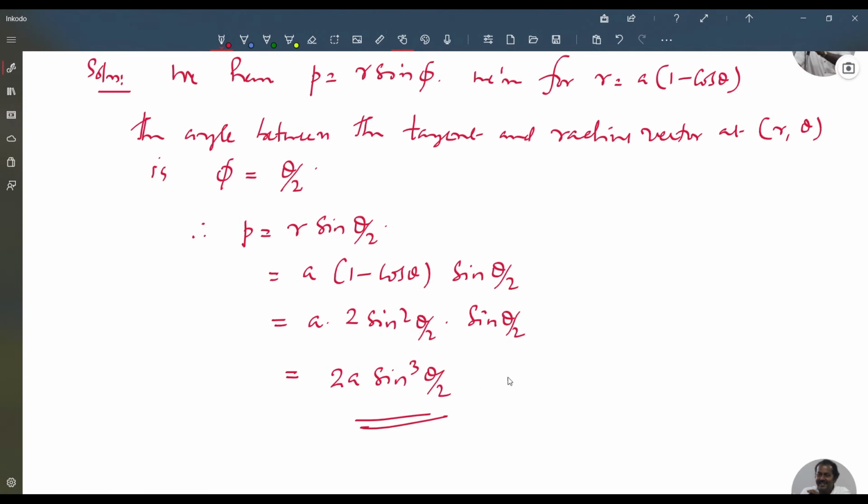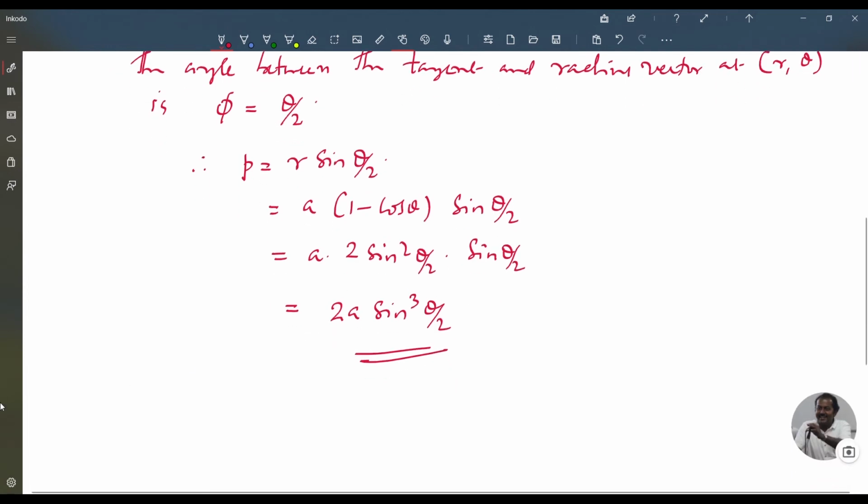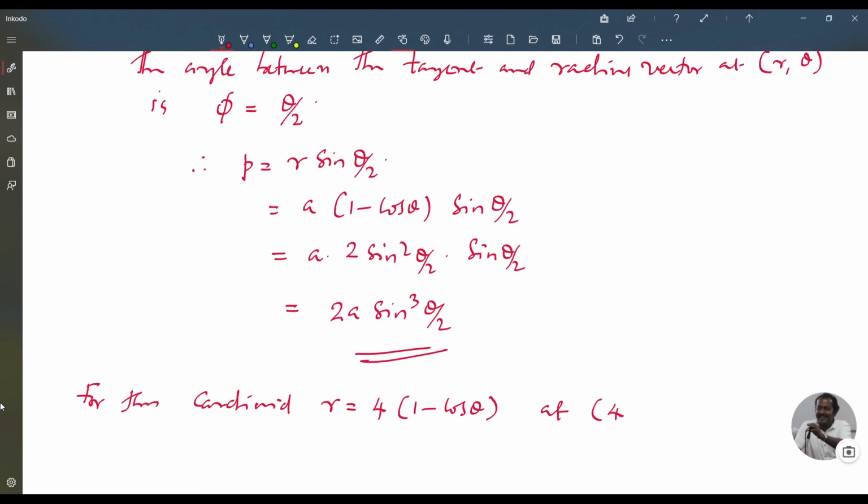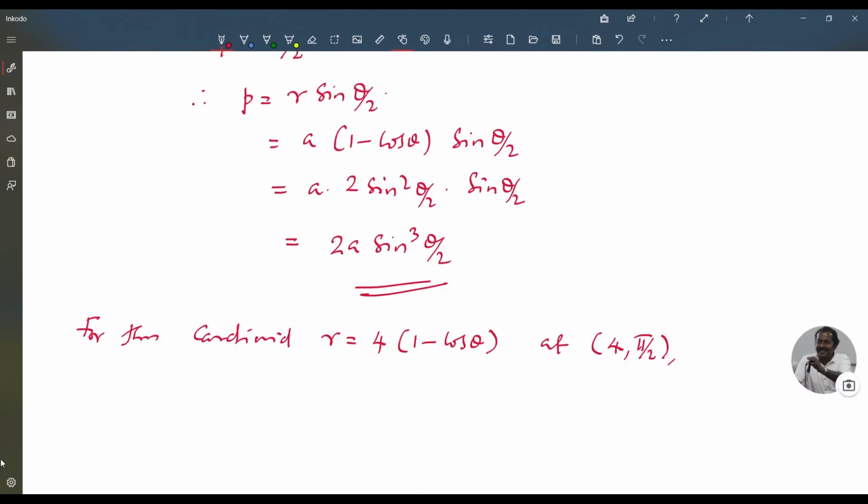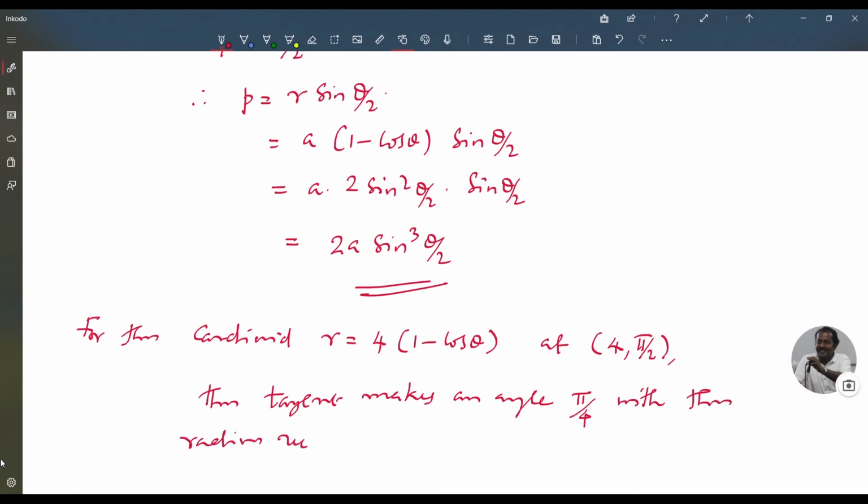Now you can verify this using the previous example in GeoGebra. So you know that for the cardioid r equal to 4 into 1 minus cos theta at theta equal to pi by 2, the tangent makes an angle pi by 4 with the radius vector OP, where P is the point (4, pi by 2).